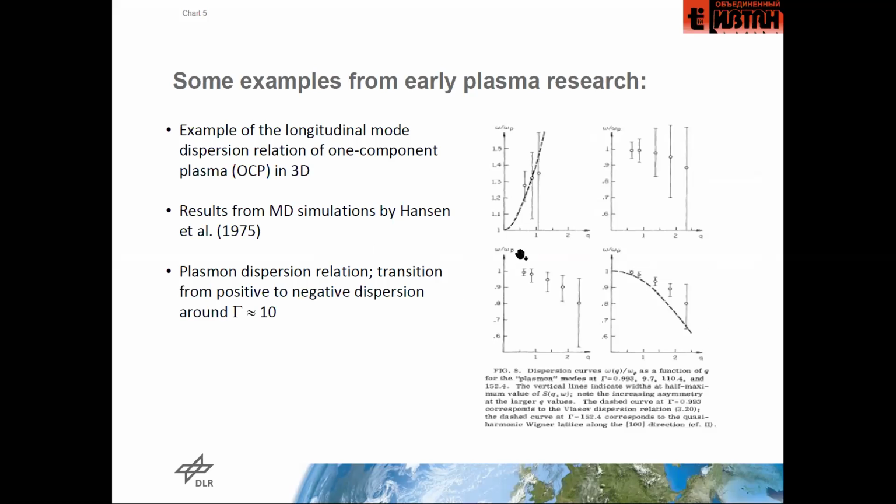And here you can see the effect that strong coupling causes the dispersion to transit from positive dispersion, like here, when we have an increase of the frequency with wave vector, to negative dispersion, where the wave frequency decreases with wave vector. And this transition happens at approximately gamma equal to 10. And gamma is a coupling parameter. I will introduce it in a minute.